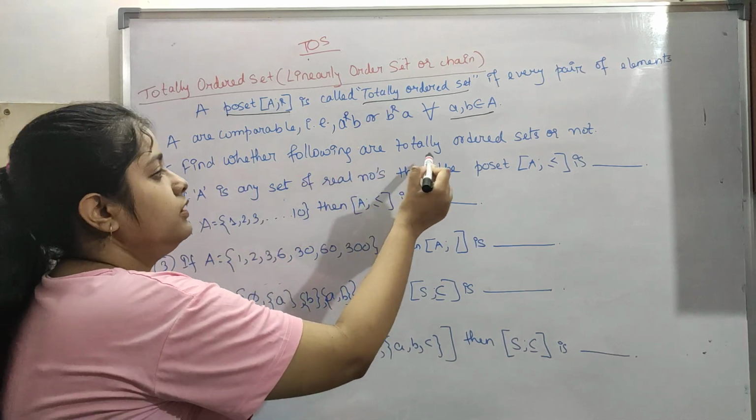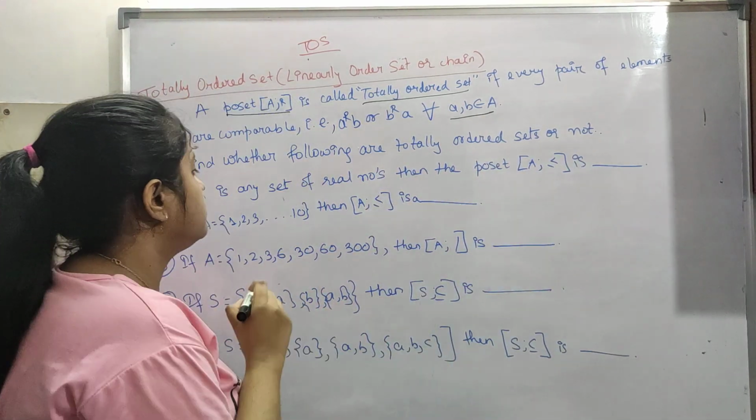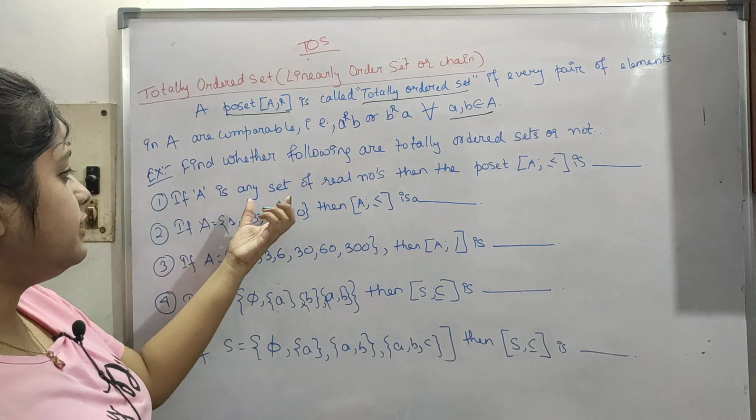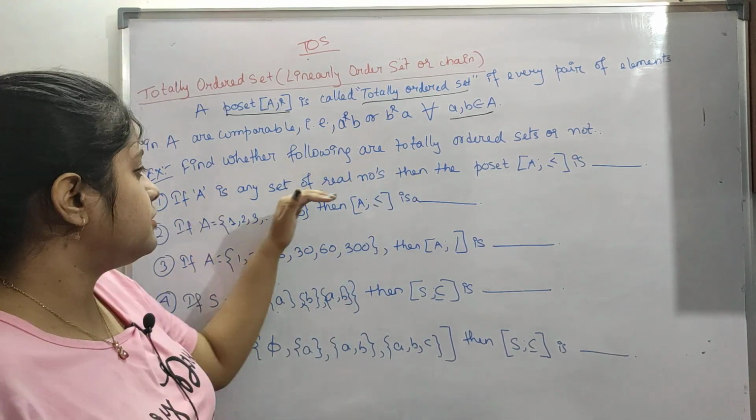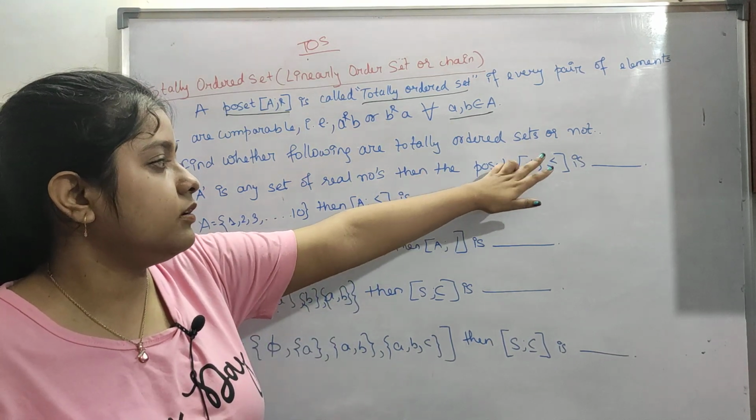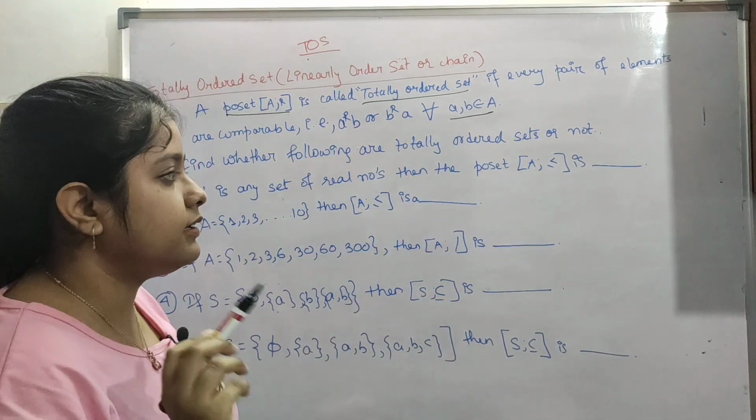Find whether the following are totally ordered sets or not. First, if A is any set of real numbers, then is the poset (A, less than or equal to) a TOS or not?